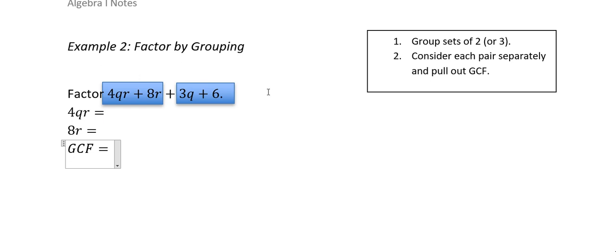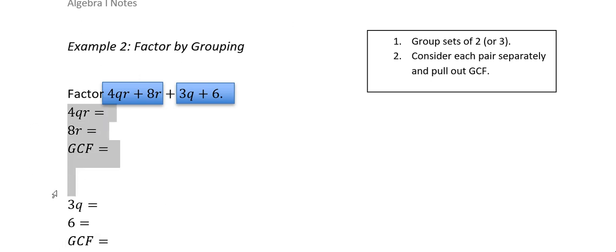And then we're going to do the same thing for the other sets and say 3Q equals something, 6 equals something, and they have a GCF. And we're going to look at each one separately.